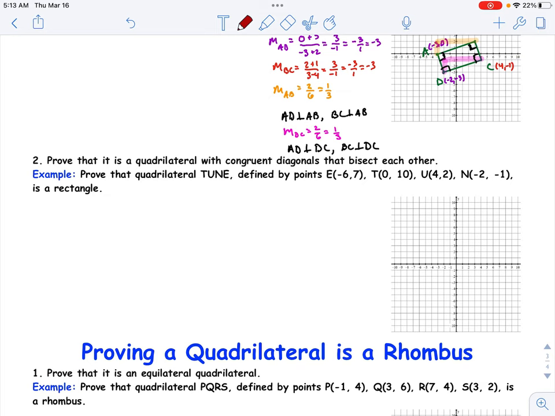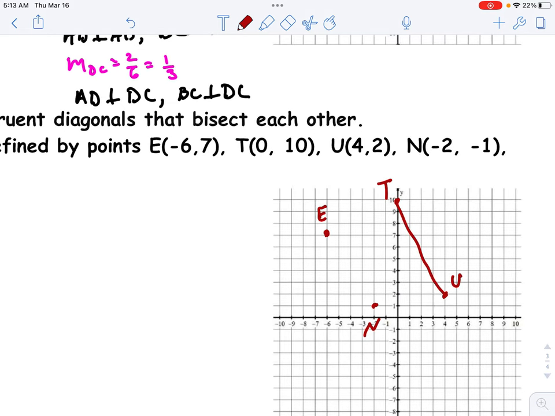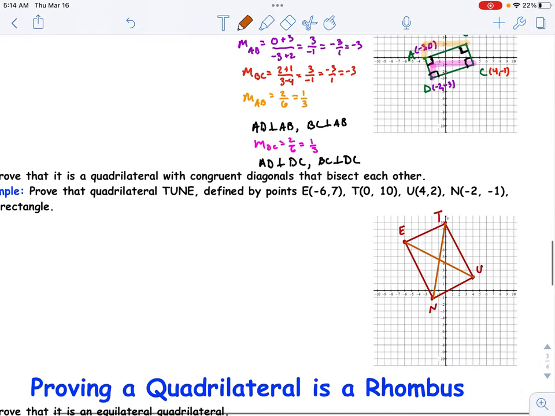So we have negative 6, 7. So this one's talking about diagonals, so they want diagonals that are congruent and bisect each other.